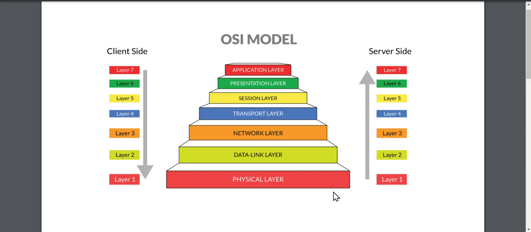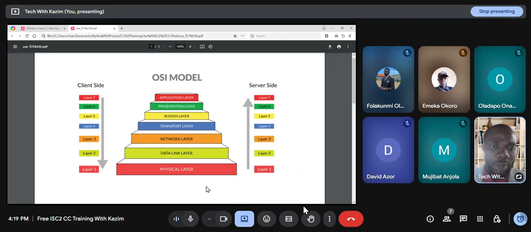Now, what is the physical layer? The physical layer is where you have the Ethernet, the cables, everything connected. If you have a router, I hope we all know what a router is, a device we are all familiar with. Let's say you plug a cable into the router, what we call an Ethernet cable or LAN cable.